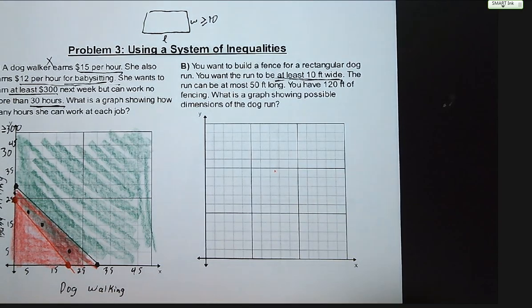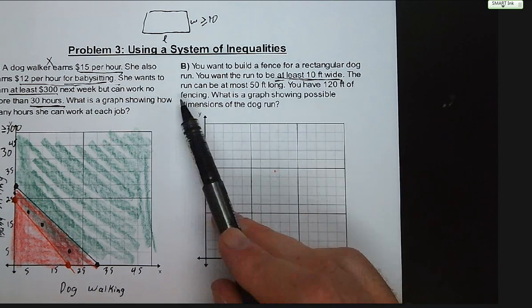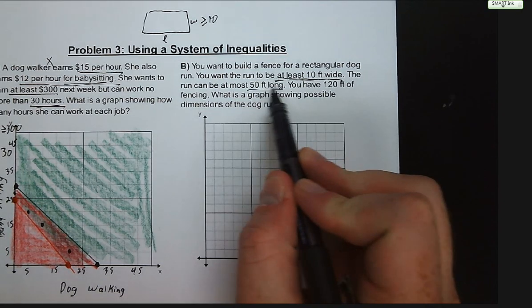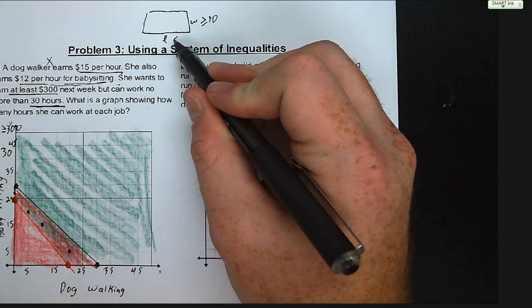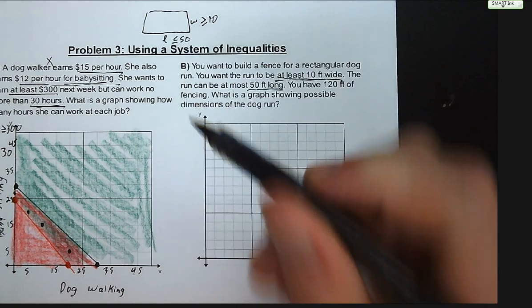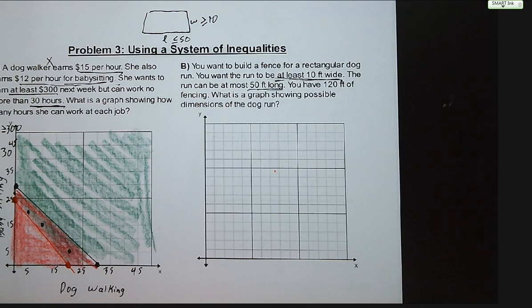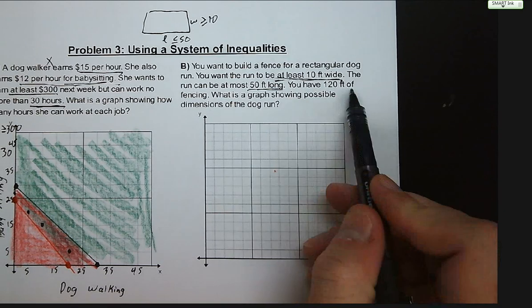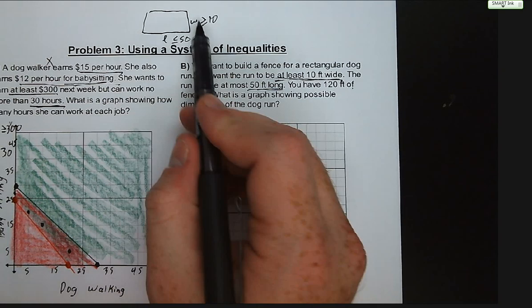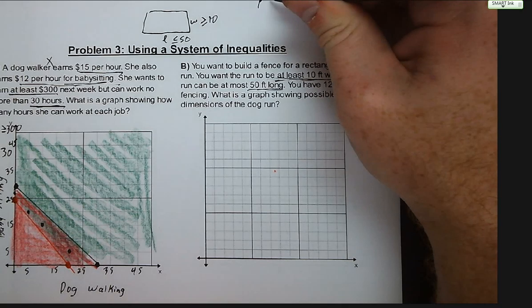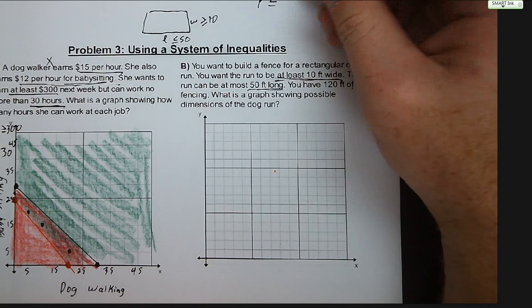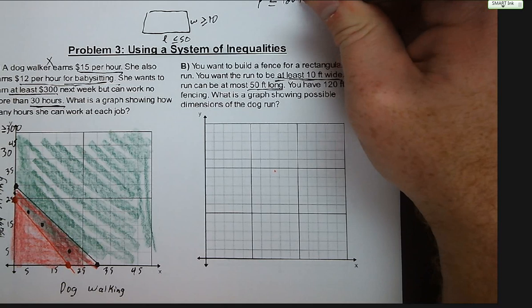The run can be at most 50 feet long, so our length has to be less than or equal to 50. Hey, look, I'm starting to look like a system of inequalities. And you have 120 feet of fencing, so the perimeter has to be less than or equal to 120 feet.